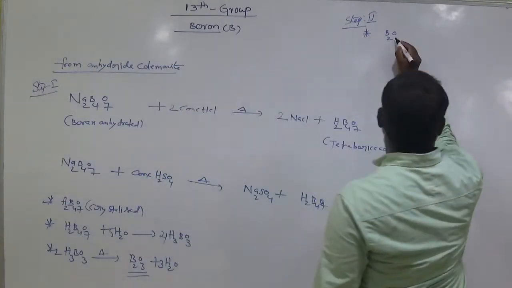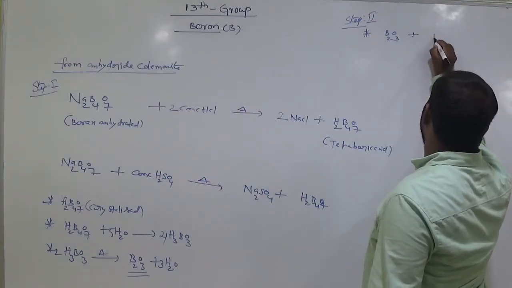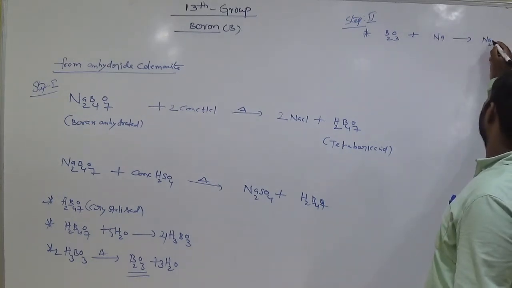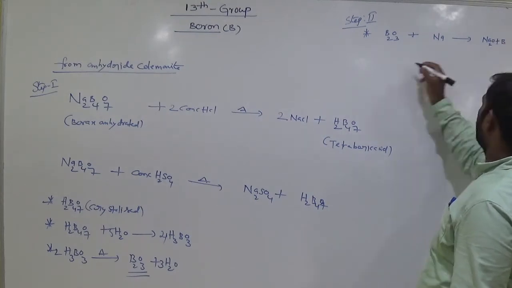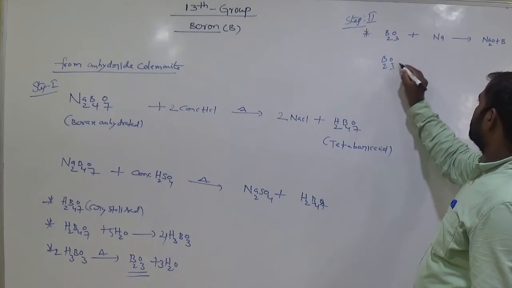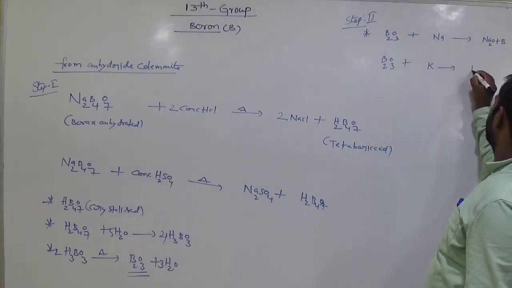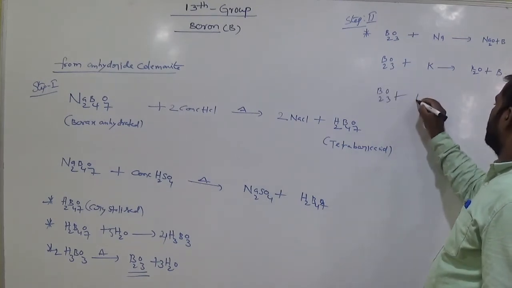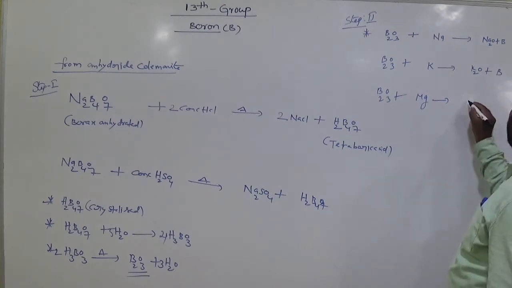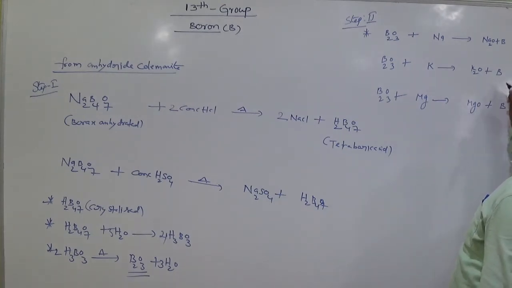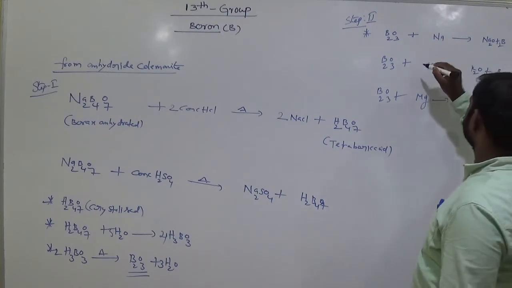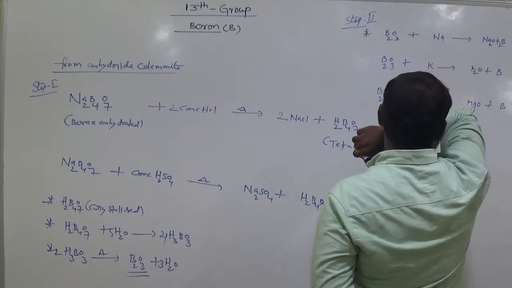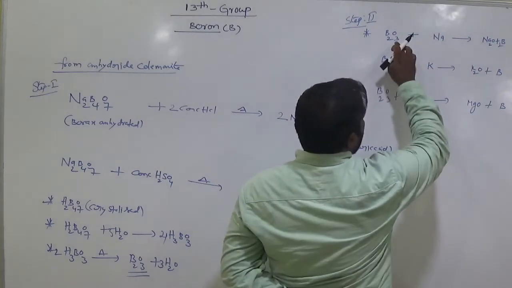So this B2O3 again with sodium gives sodium oxide and boron, and this again treated with potassium gives potassium oxide and boron, and there is also possibility with magnesium, which gives magnesium oxide and boron. The balanced equation is, here we have two borons.